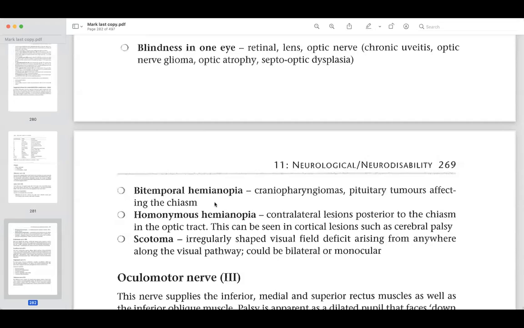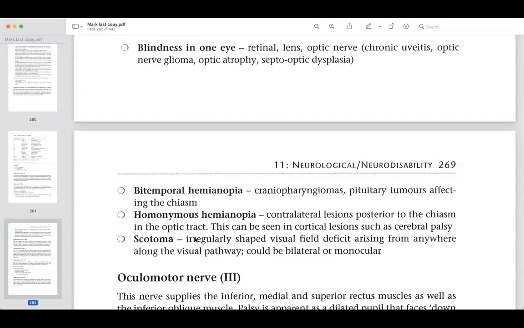Next is the bitemporal hemianopia. That is when the patient presents commonly with bitemporal hemianopia, craniopharyngiomas, pituitary tumors affecting the chiasm. Okay. Then homonymous hemianopia, contralateral lesions posterior to the chiasm in the optic tract.